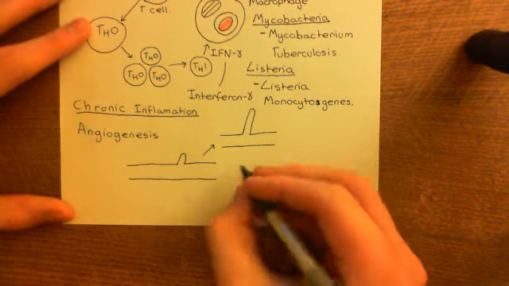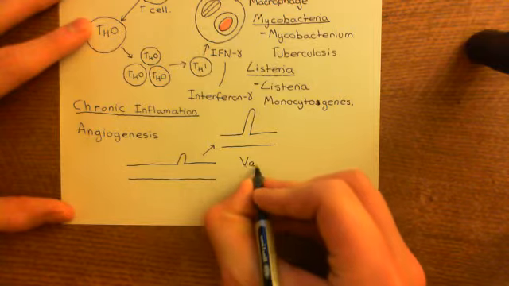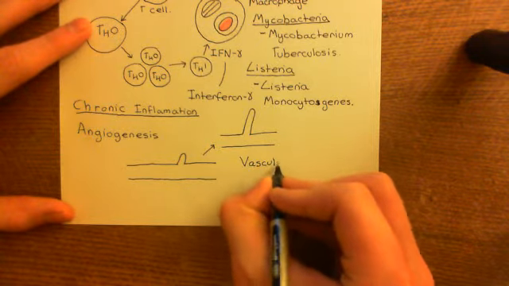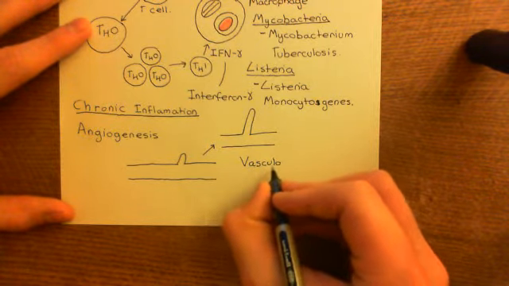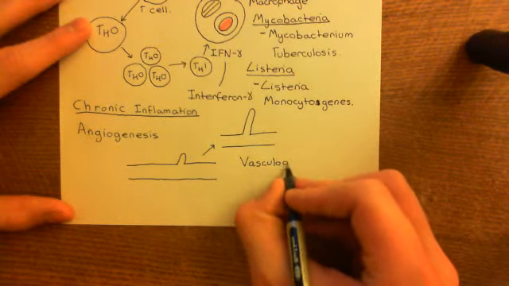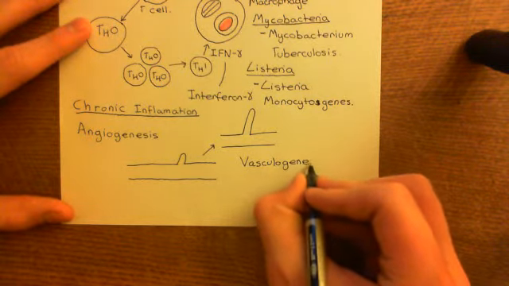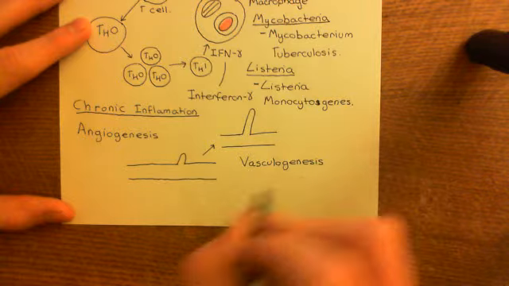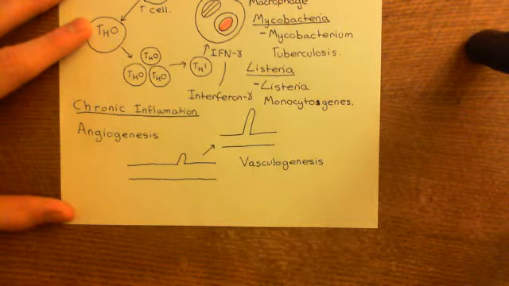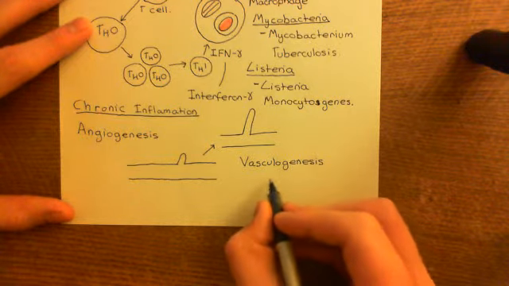Whereas vasculogenesis is something which happens in embryology basically, and not in the adult human. So vasculogenesis is where mesenchymal cells actually differentiate into blood vessels. Let me show this.